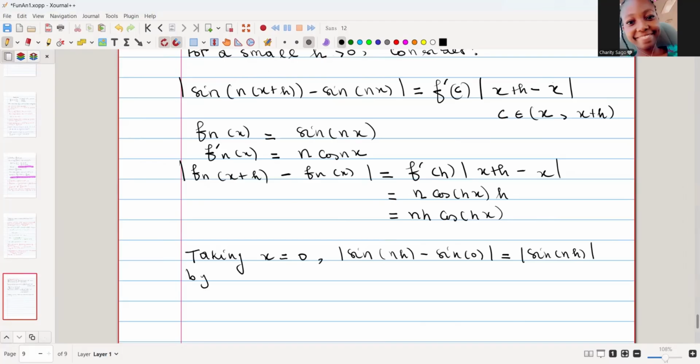By choosing h equal to pi over 2n, what do we have? We have sine of nh equal to 1, because this one is 0. If we take h equal to pi over 2n, we are going to have sine of pi over 2, which is 1. So this one is equal to 1.